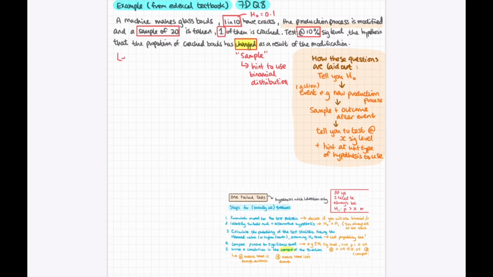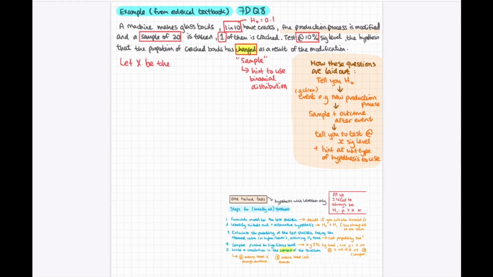So let X be the number of cracked balls, and then you identify the hypotheses, H0: p equals 0.1, as here, and H1: p does not equal 0.1 because it's a two-tailed hypothesis this time.